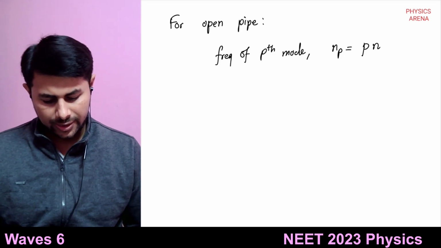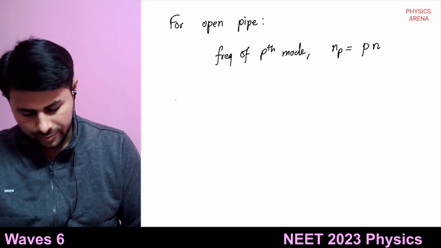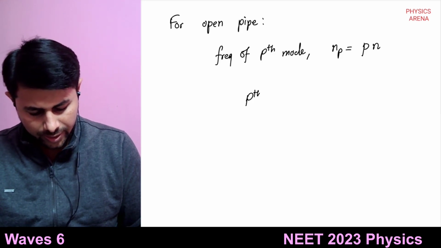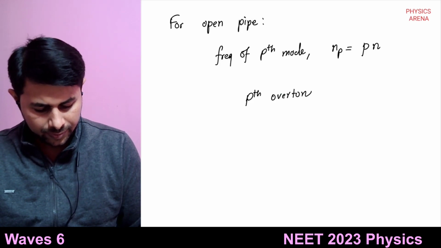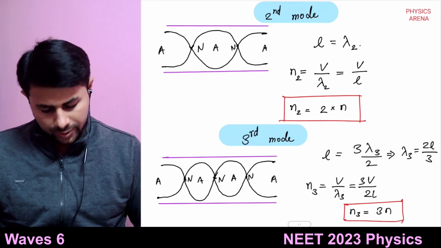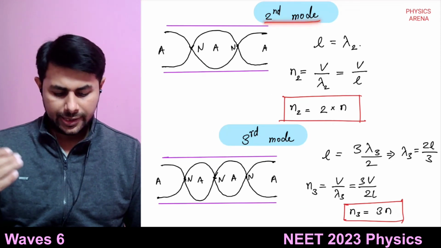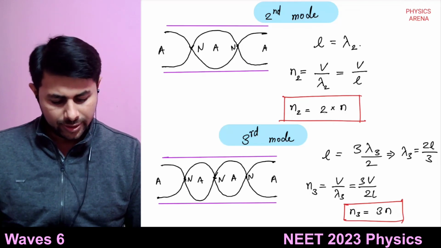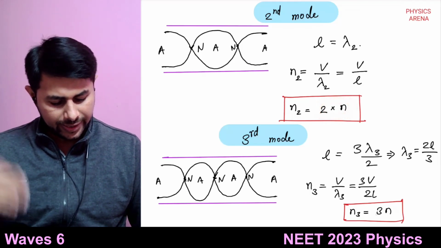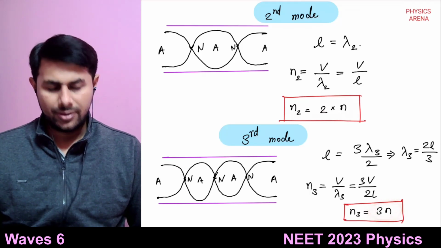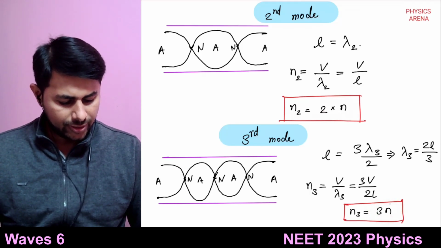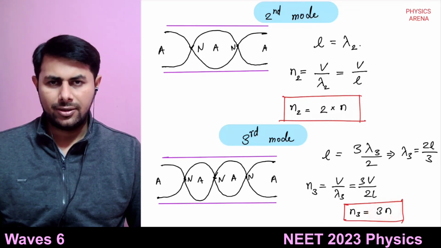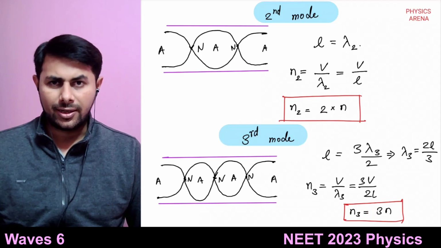And if you want to talk about overtone, here pth overtone. See, first overtone is frequency of second mode. How much is first overtone? It is 2 times n. Then next higher frequency is 3 times n, so second overtone is 3 times n. Third overtone would be 4 times n.